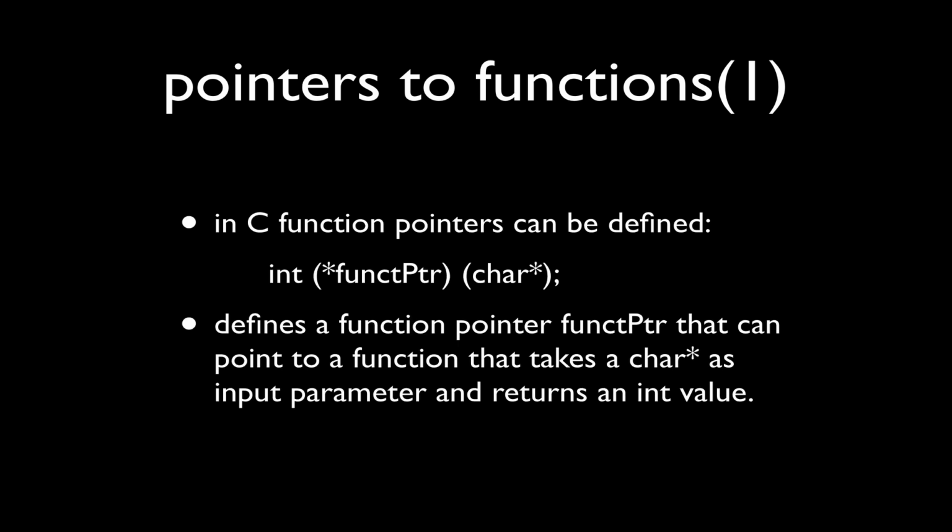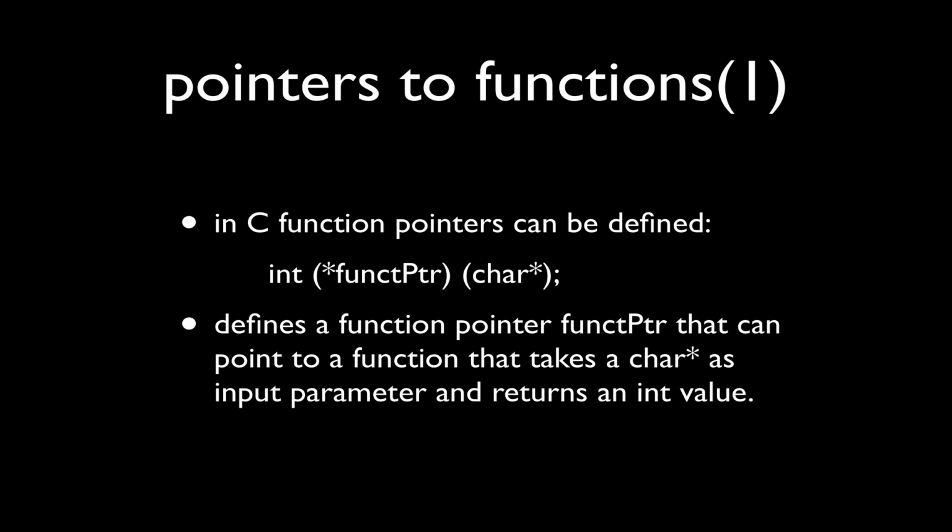Now the other thing we can do in C is we can have pointers to functions. So in C, we can define a function pointer by using the syntax shown here. The name of the function pointer is going to be in parentheses with a star, and that's followed by a list of 0 or more comma delimited arguments.